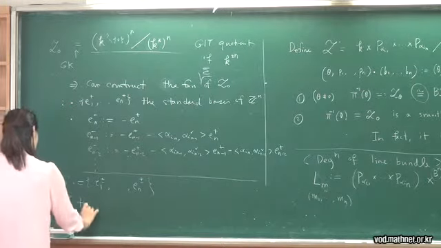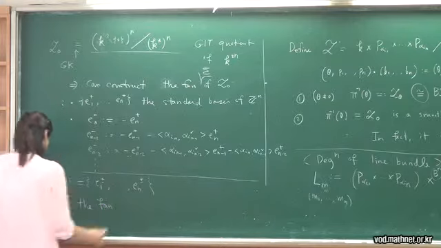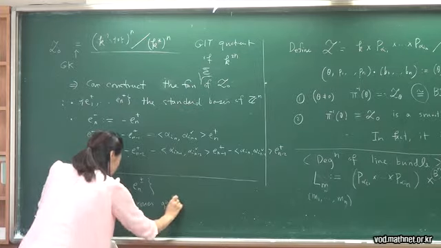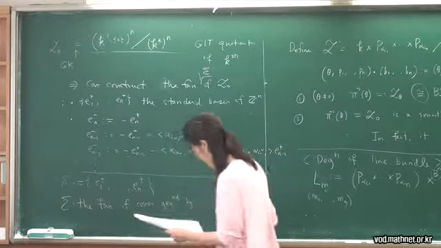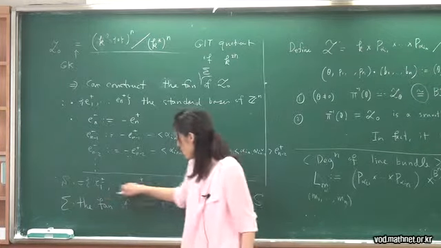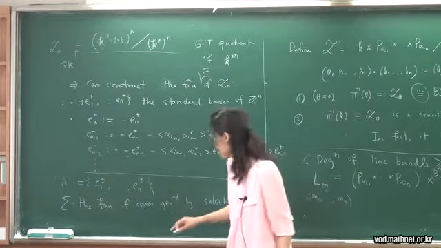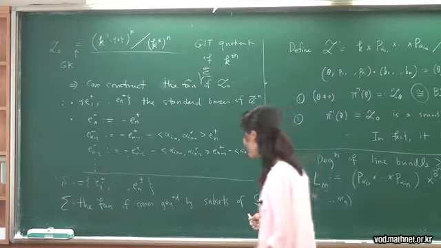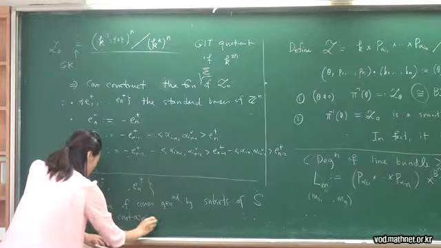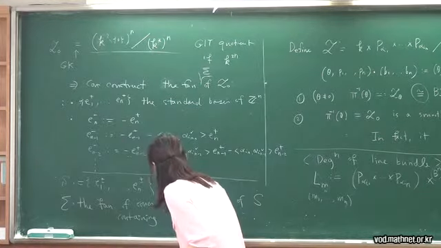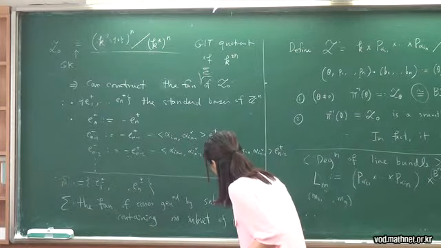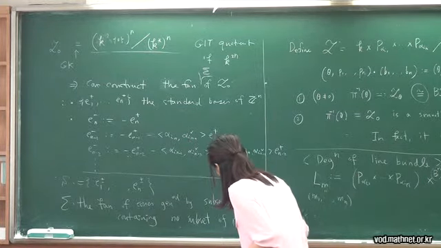Then sigma is the fan of cones generated by subsets of this S. So you can use all these rays to construct a cone, except any subset of the form Ei plus, Ei minus.